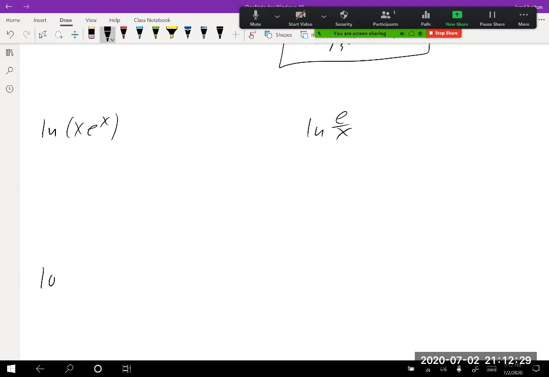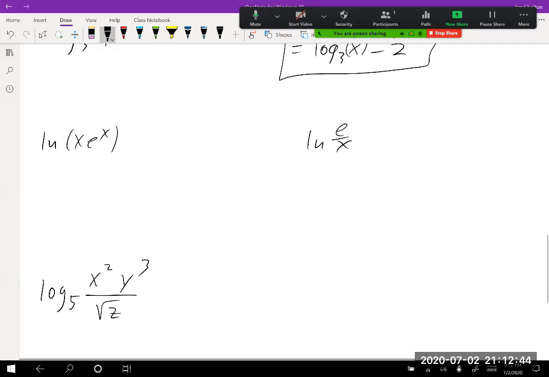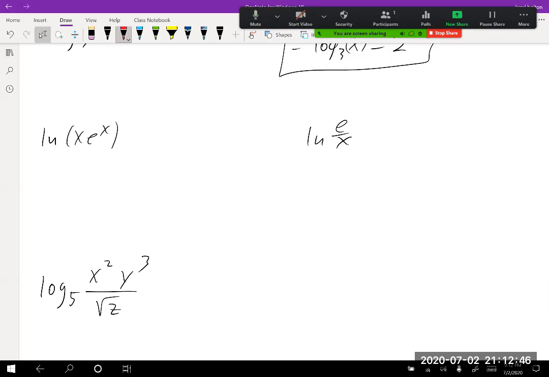Let's do log base 5 of x squared y cubed over the square root of z. Yeah, that's a good one, okay? So pause the video and give these three a shot, and let's see what happens.